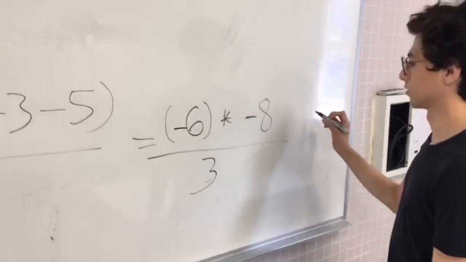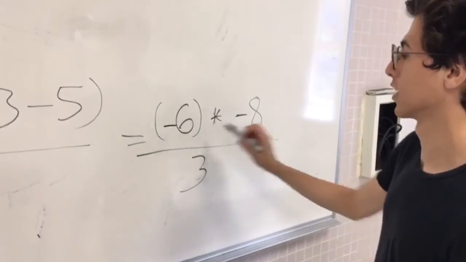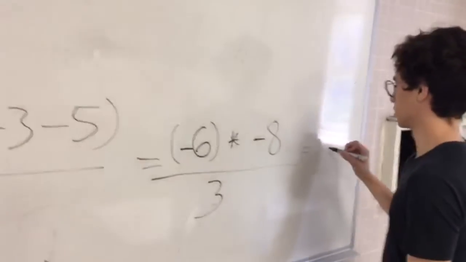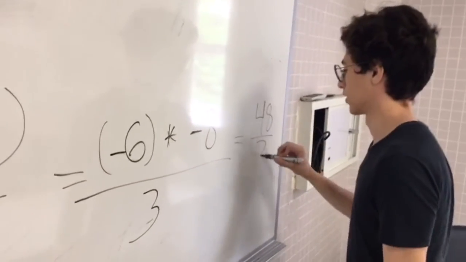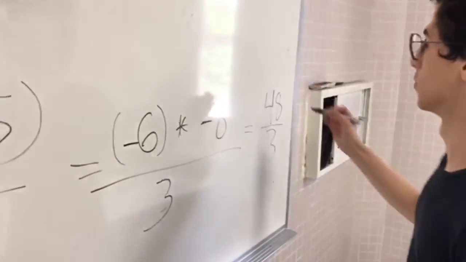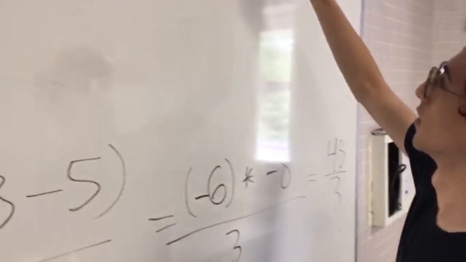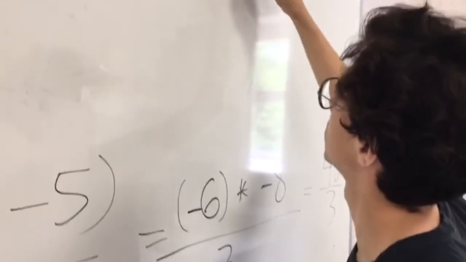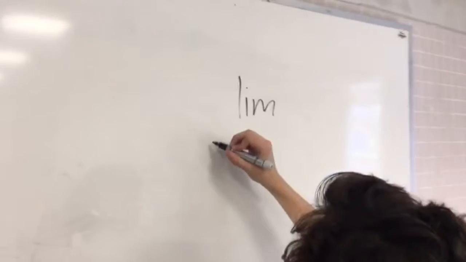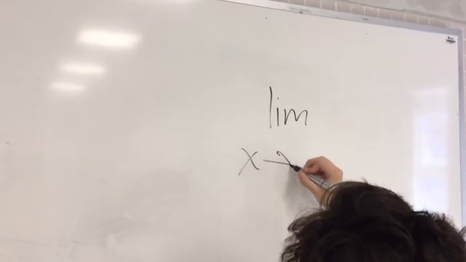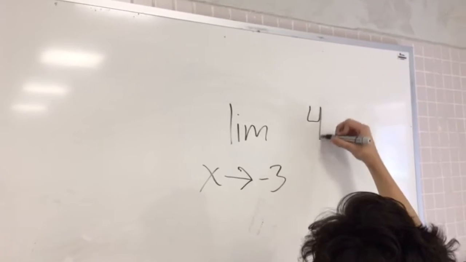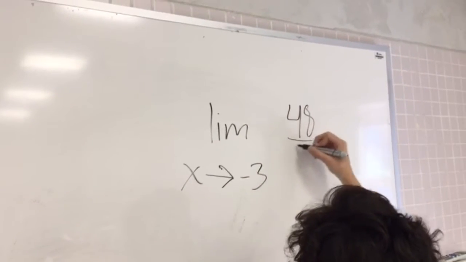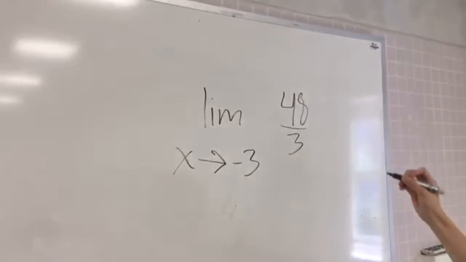Okay, now remember, when you multiply two negatives you get a positive, so we get 48 over 3. That's our answer, but we have to write it like this: the limit when x tends to -3 is 48 over 3, which is 16.